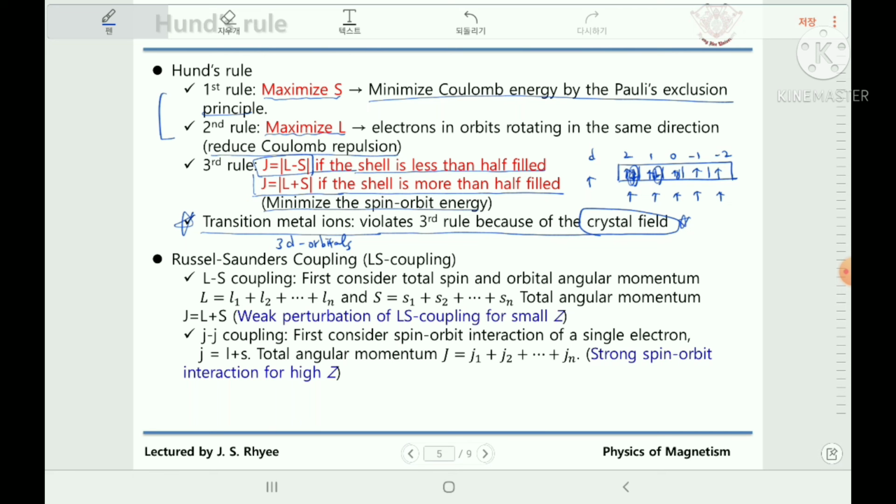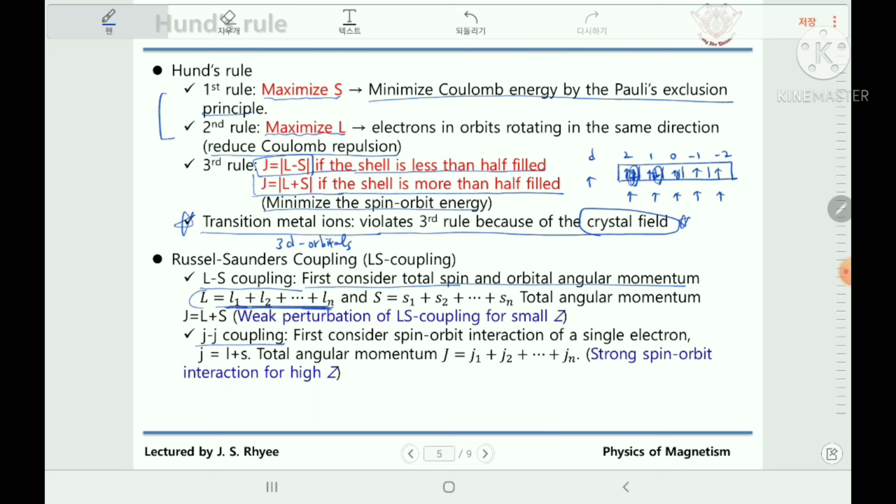There are two possibilities for the coupling of orbital angular momentum and spin momentum. One is LS coupling, the other one is jj coupling. LS coupling is where we first consider total spin and orbital angular momentum. There are many electrons in atoms, and for each electronic orbital, let's sum the total orbital angular momentum.